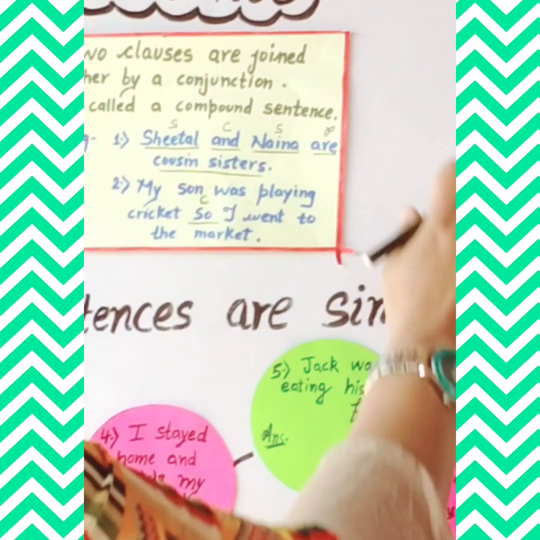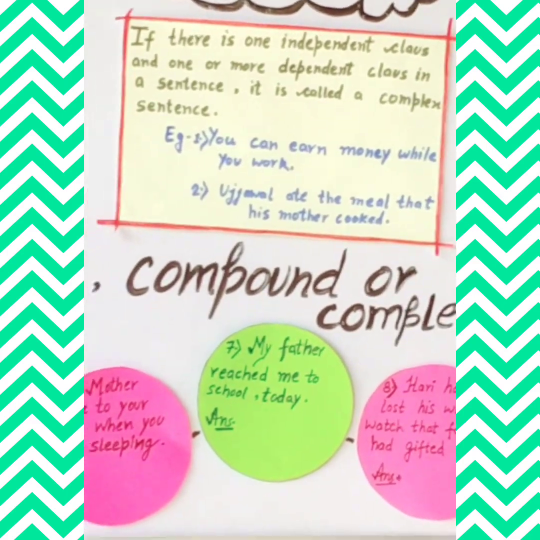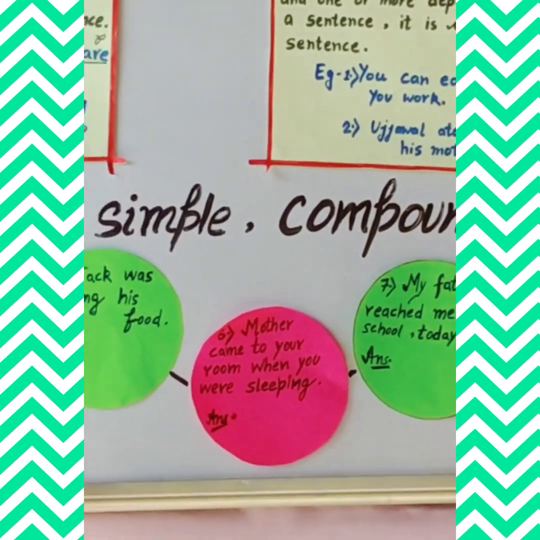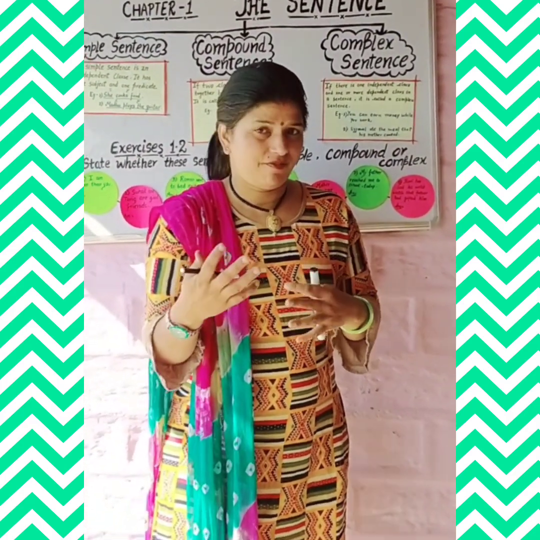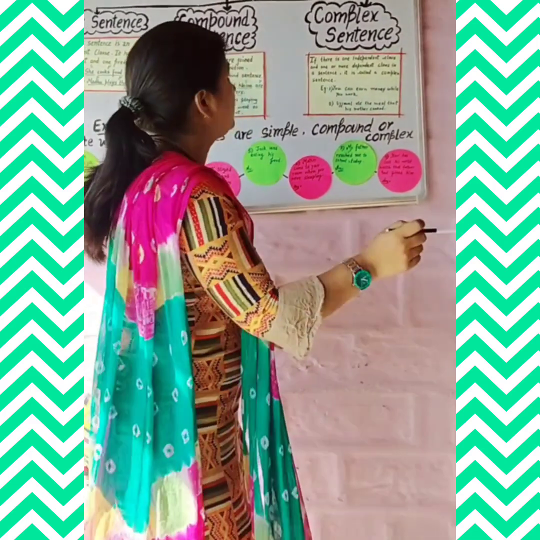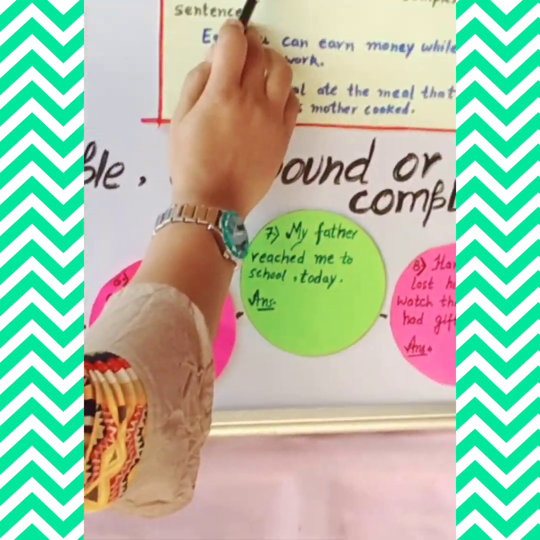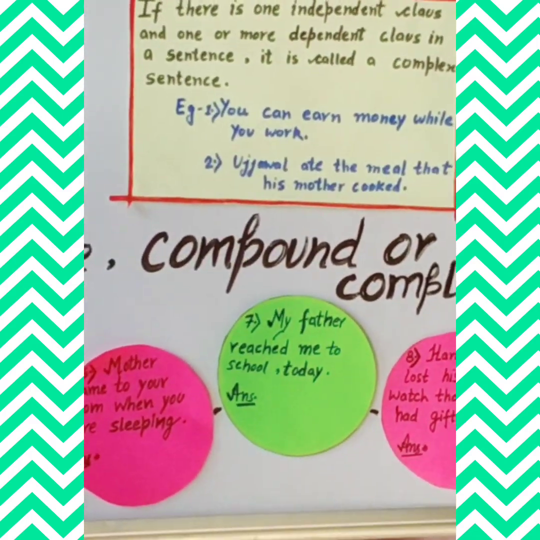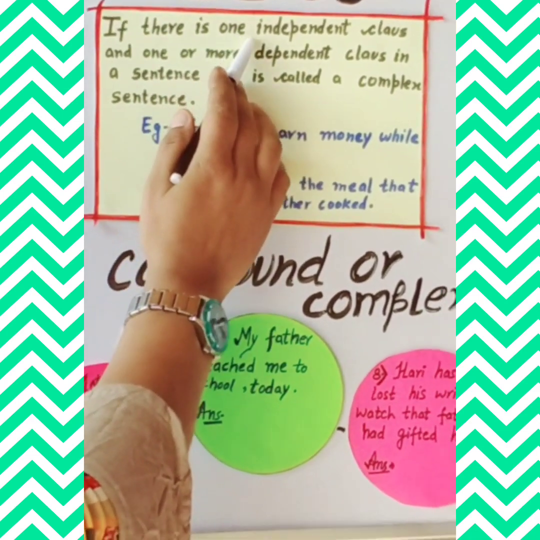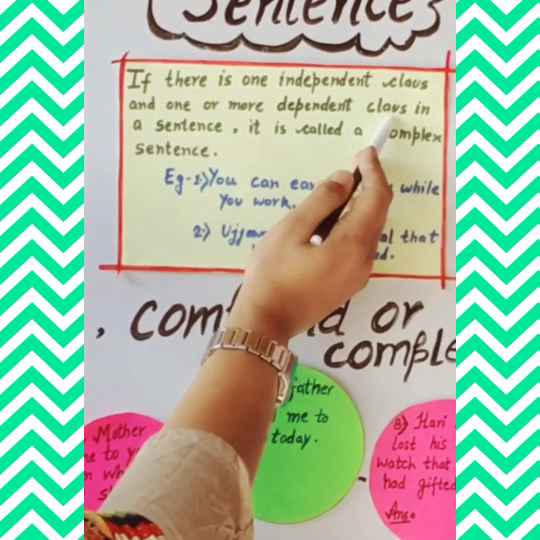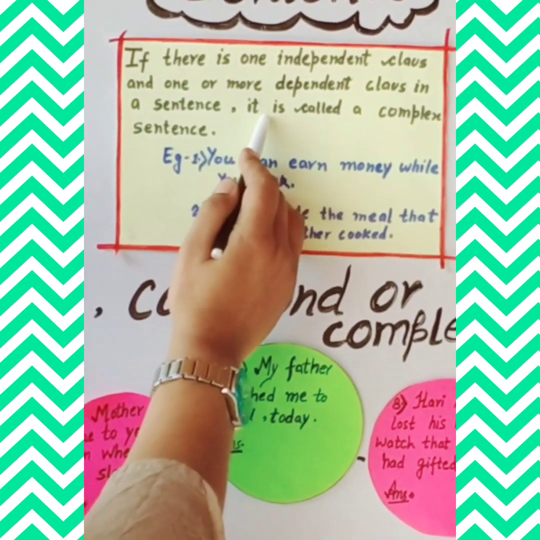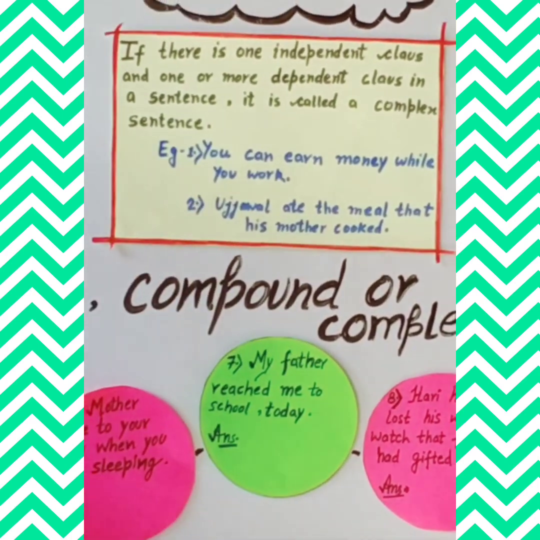Now coming towards a complex sentence. Complex sentence क्या होते हैं? Complex, जैसा कि आप समझ ही रहे, complex means कुछ थोड़ा सा complex, tough, mix up करके, right? So if there is one independent clause and one or more dependent clause in a sentence, it is called as complex sentence.